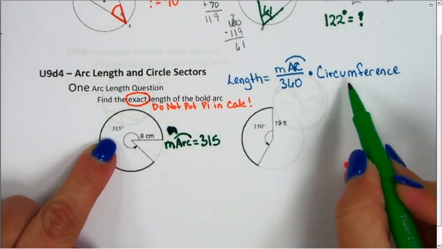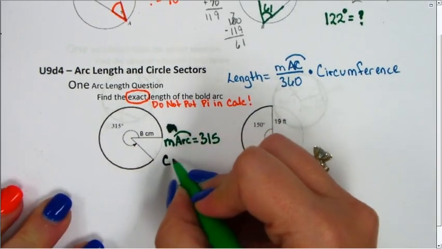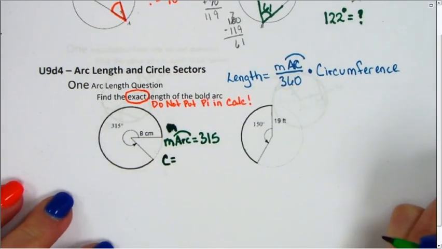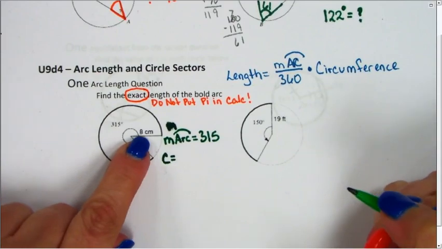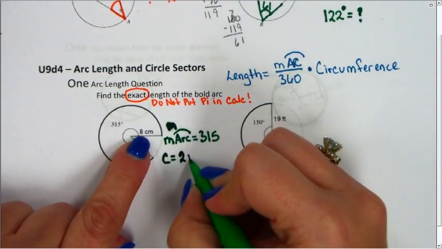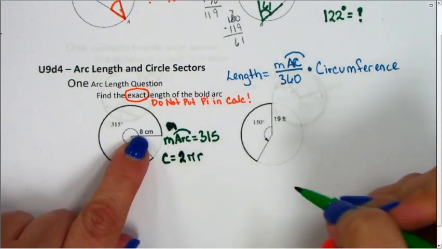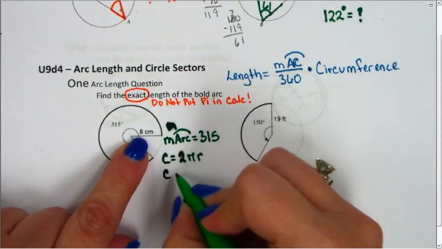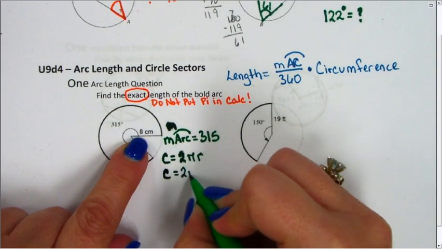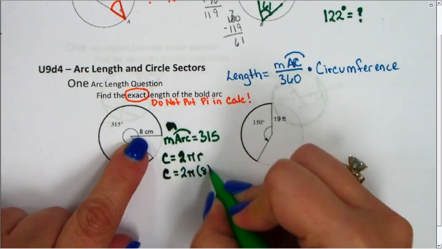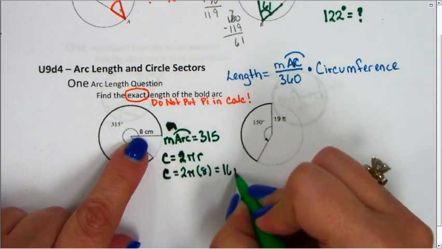Remember, I also need the circumference. The circumference is either 2 pi r or the diameter times pi. I have my radius, so I'm going to do 2 pi r. My radius is 8, so my circumference is 2 pi 8, which is going to be 16 pi.